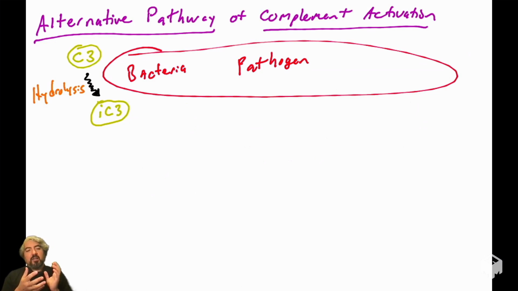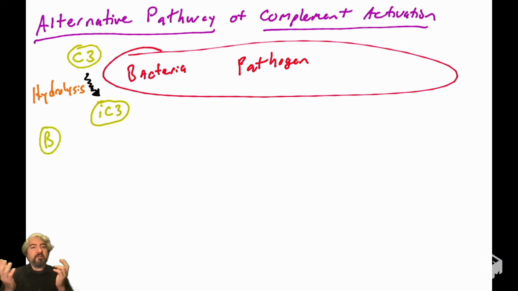This occurs at a higher rate in the presence of bacteria. So something about the molecular structures and microenvironment of bacteria triggers C3 to be converted to IC3.